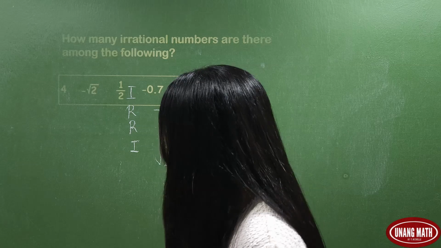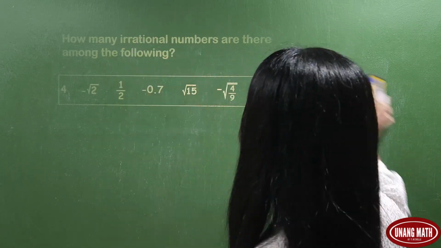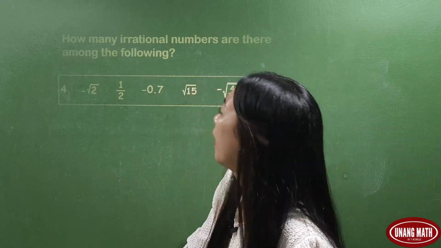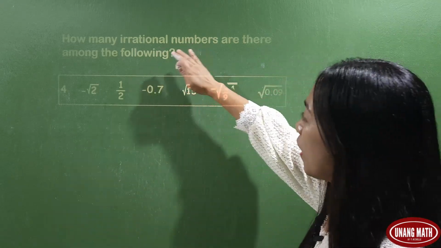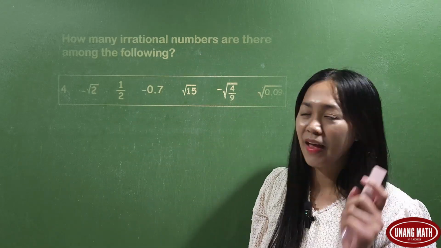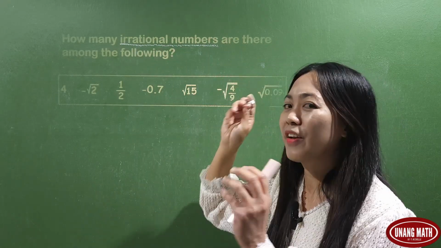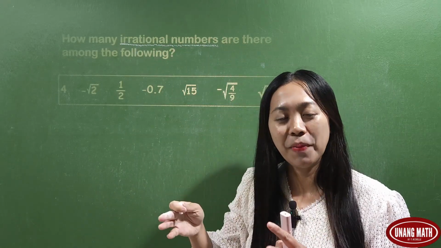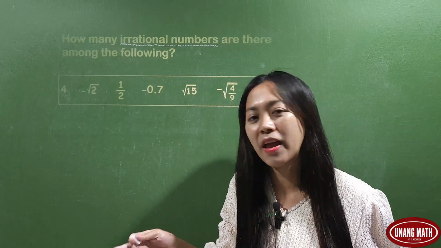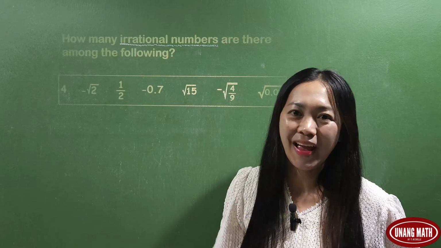Okay, now let's answer these simple questions. The first one is, how many irrational numbers are there among the following? Again, irrational numbers are non-terminating, non-repeating infinite decimals, and we cannot convert irrational numbers to fractions.